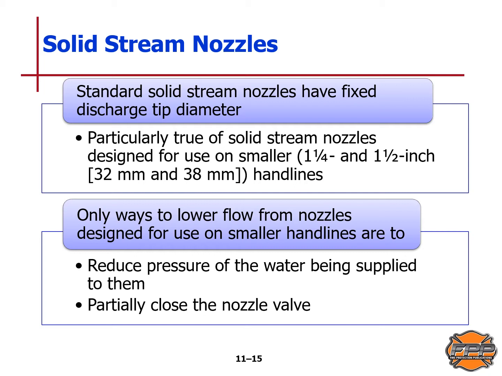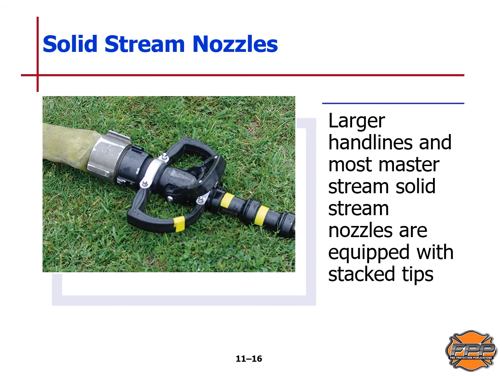The only ways to lower flow from nozzles designed for use on smaller handlines are to reduce the pressure of the water being supplied to them or partially close the nozzle valve. On larger handlines, most master solid stream nozzles are equipped with stacked tips, as illustrated in the picture here.